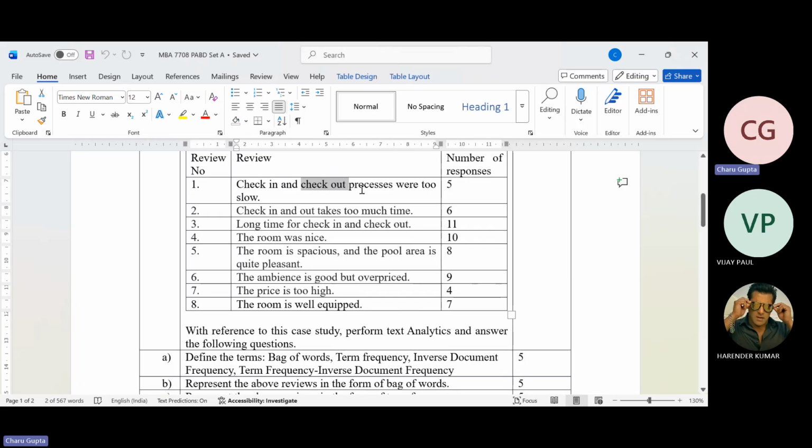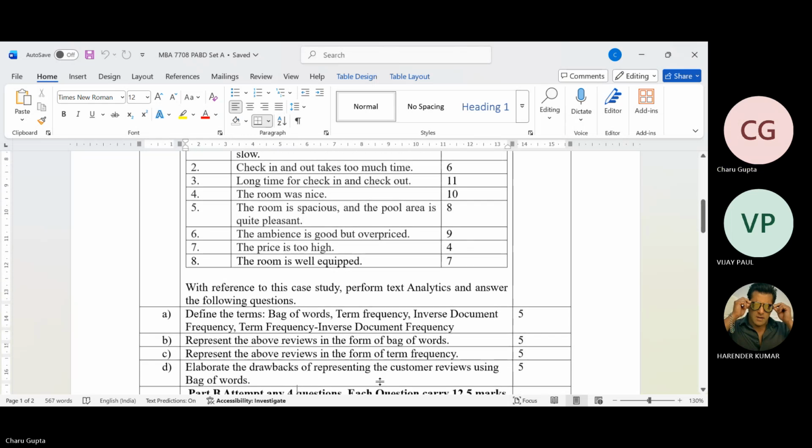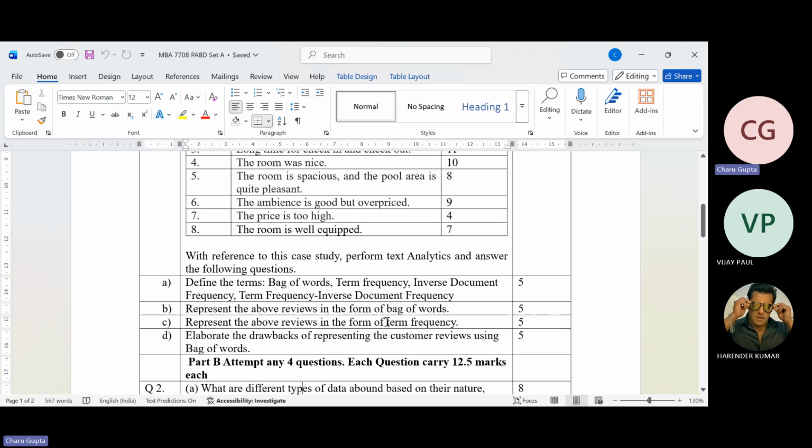Next, process is a word, then long is a word, then room is another bag of words. Spacious is a word, pool is a word, area is a word, quite pleasant ambience good, and so on. Right, so these will form the bag of words. Similarly, you will be able to find out the term frequency for each of the words in each of the reviews.